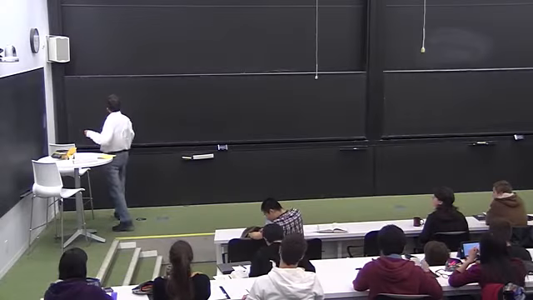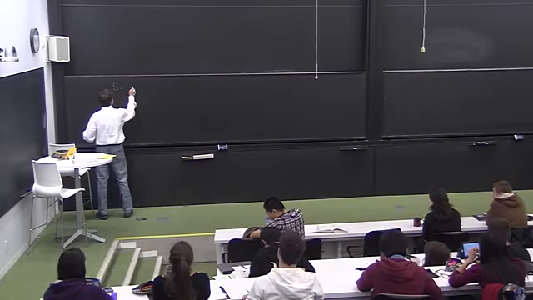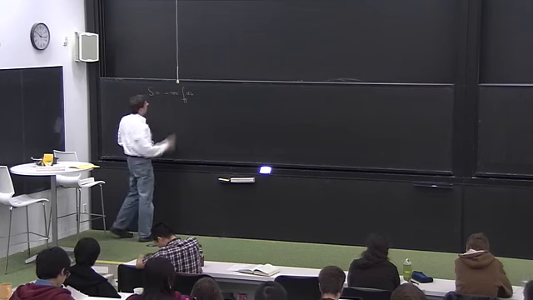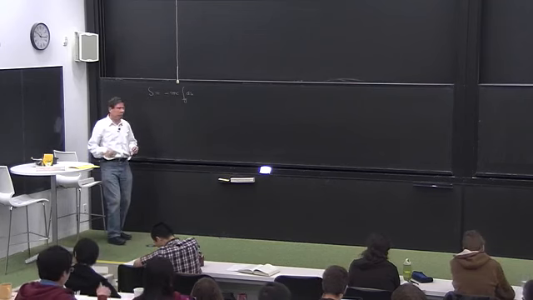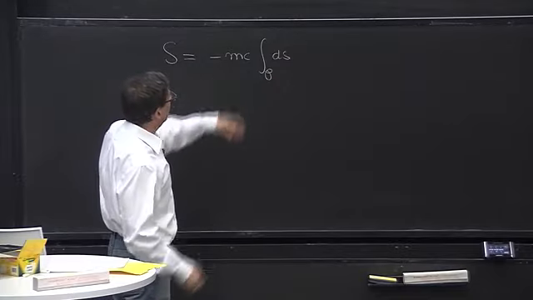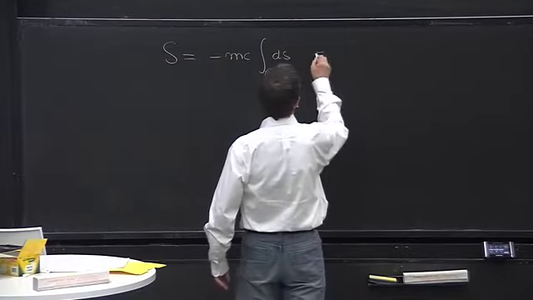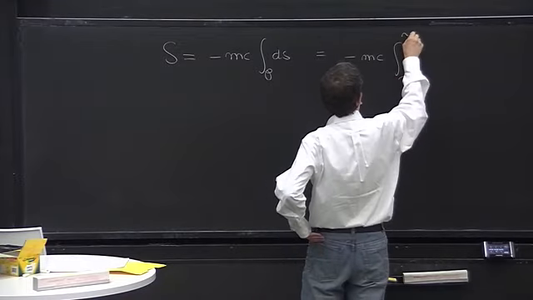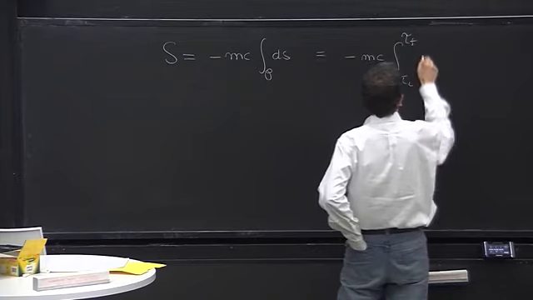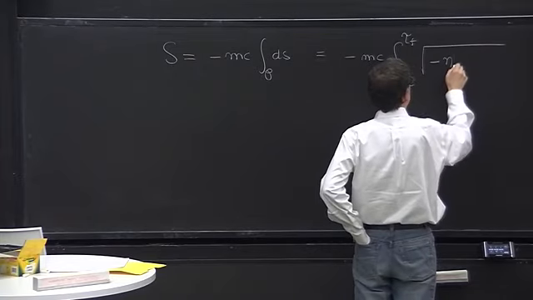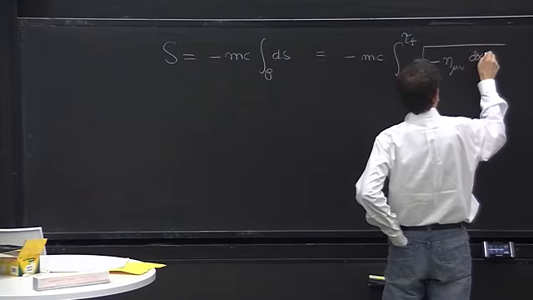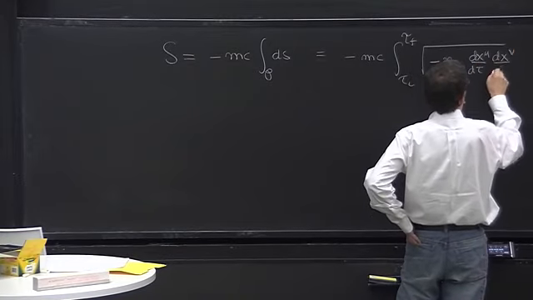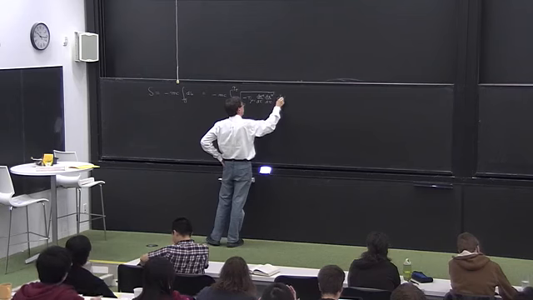An action that was quite elegant. And then, after doing a little work, writing what ds is, was equal to minus mc integral from some parameter minus eta mu nu dx mu d tau dx nu d tau d tau.